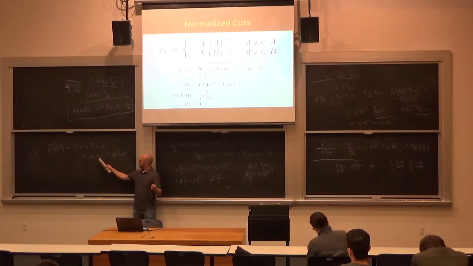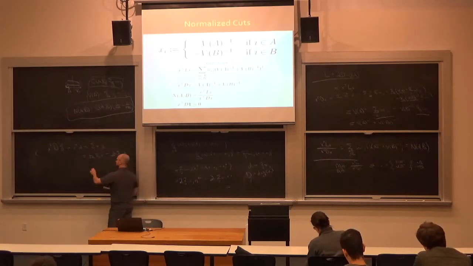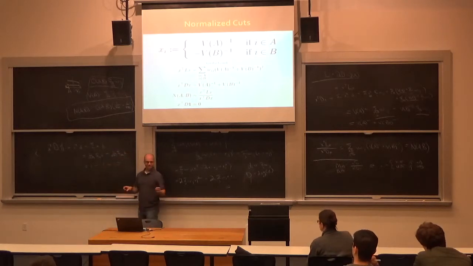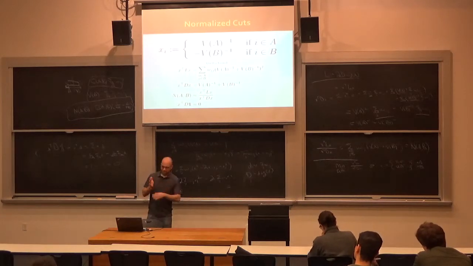And notice this number that I wrote down here is exactly the volume again. So once again, I get 1 minus 1. Hopefully you follow this. So we have a lot of different relationships here.